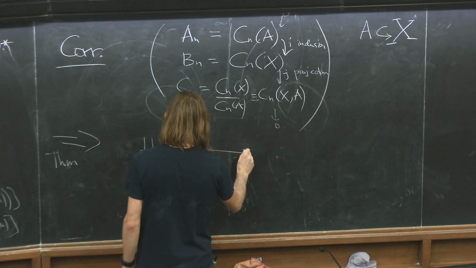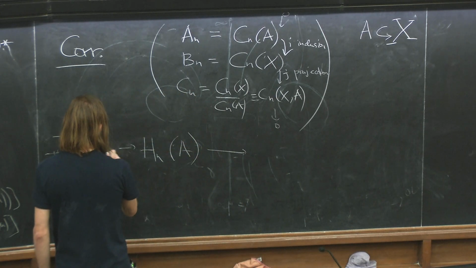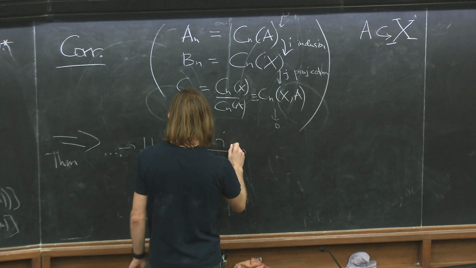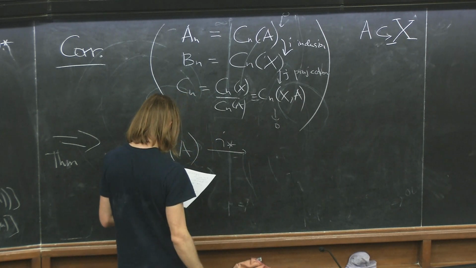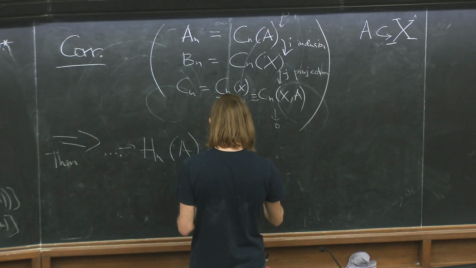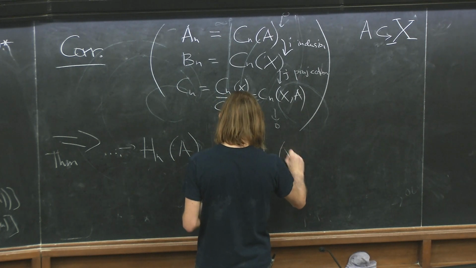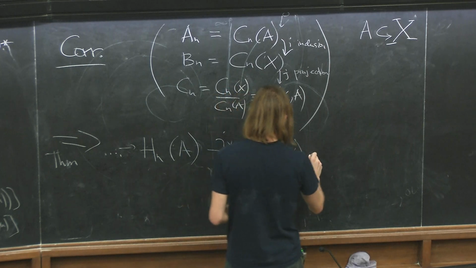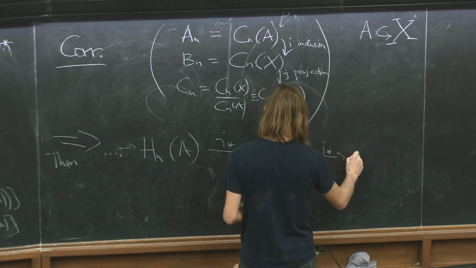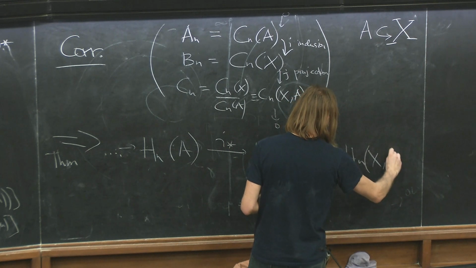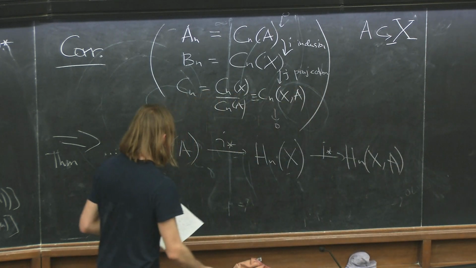We take H_n of A, which by I star is sent to H_n of X, which by J star is sent to the relative homology group H_n(X, A).